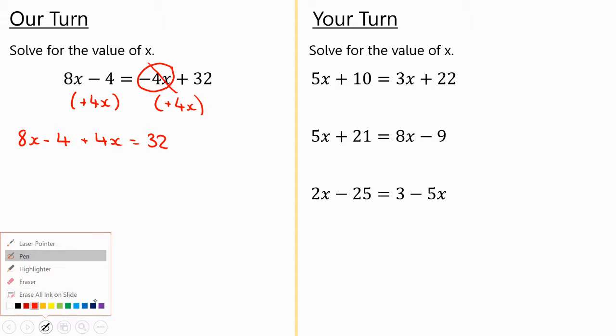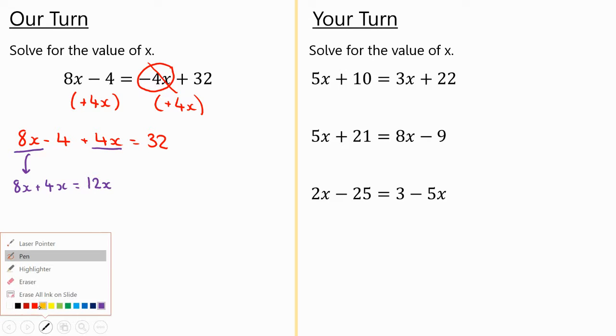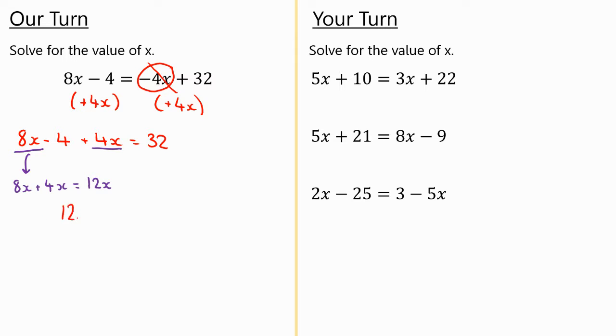Now we can see we've got an 8x and a 4x on the same side. So we can simplify this. We can do 8x add 4x, which is 12x. So we can write that left-hand side as 12x take away 4 equals 32. Next step, we need to get rid of a take away 4.